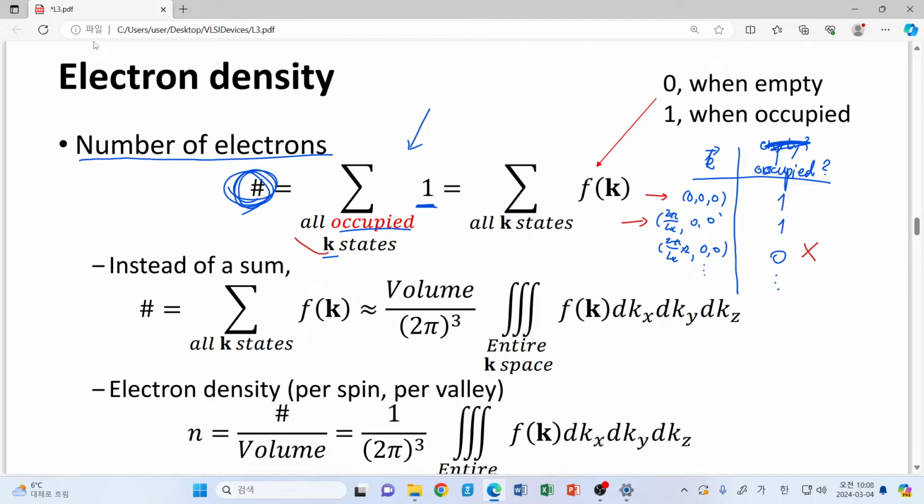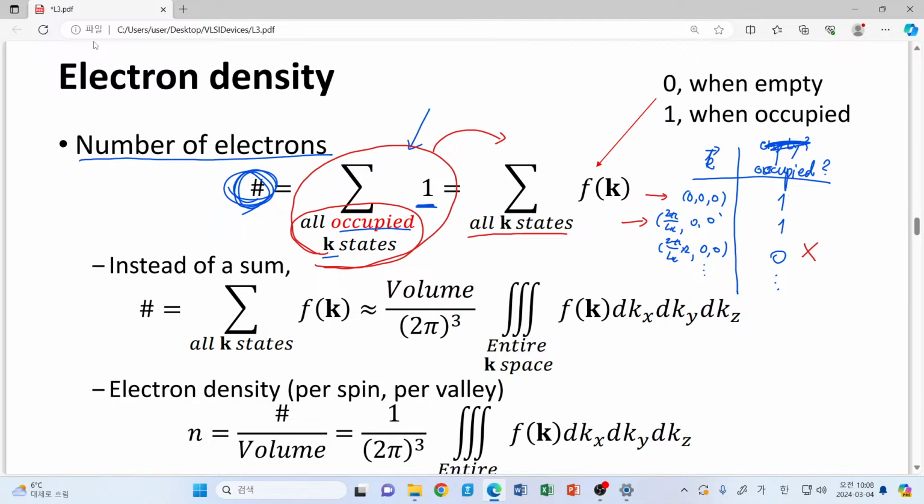This is the simple counting problem. However, so now let's go to the next step. Instead of this summation only over all occupied K-space, I wanted to perform the summation over all K-space regardless of whether it is occupied or empty.